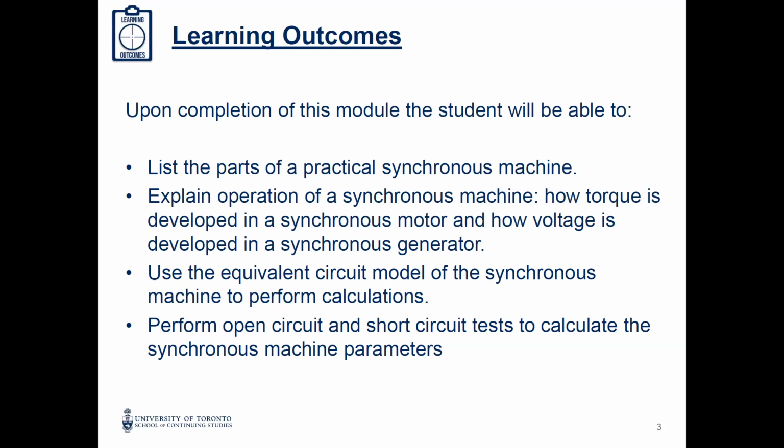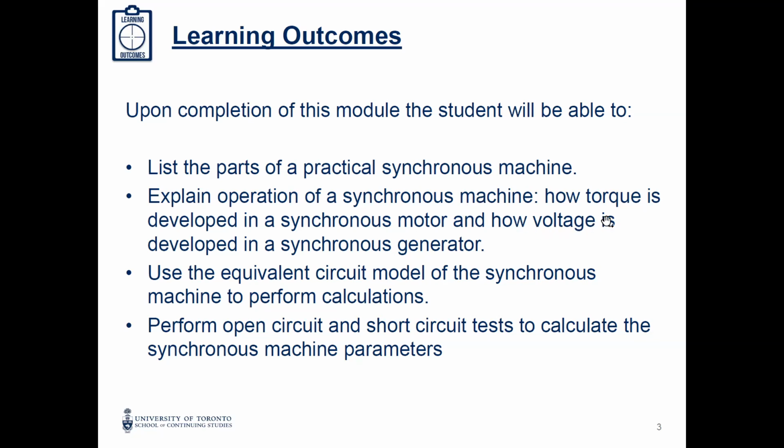For the synchronous machines, we are going to cover the main parts, and explain the operation, which is important to understand the problems in the machines. The parts are important mainly for the theoretical questions, or sometimes I call them knowledge questions.